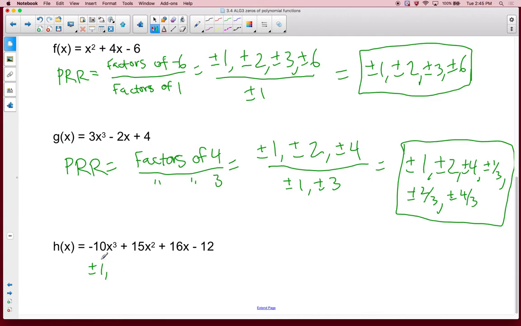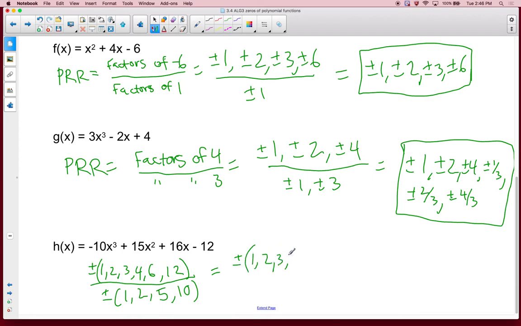Just know that this is all going to be plus or minus, so I'll just put this in parentheses: 2, 3, 4, 6, and 12, all over plus or minus the factors of negative 10, which are 1, 2, 5, and 10, and then I have to divide all of these out. So I'll divide by 1 for all of them, so I get 1, 2, 3, 4, 6, 12.